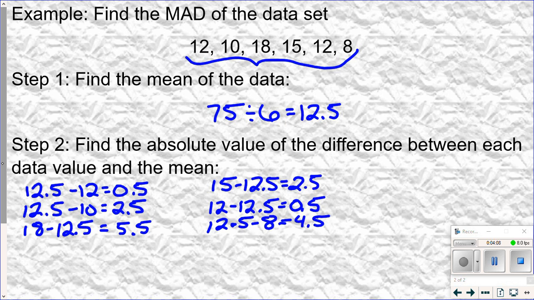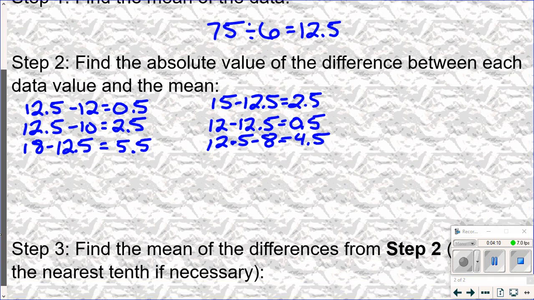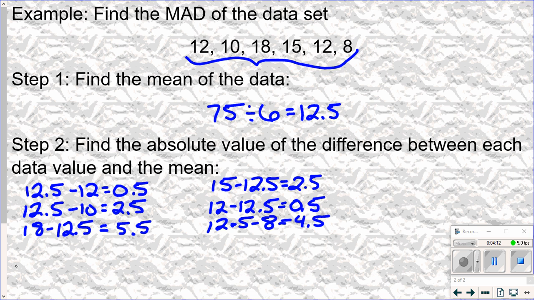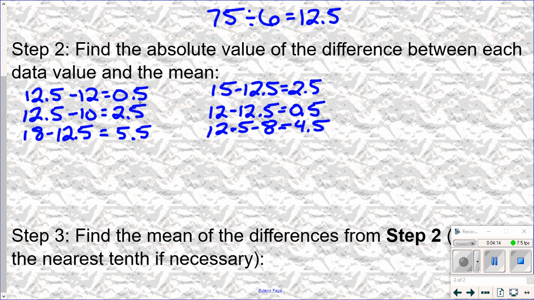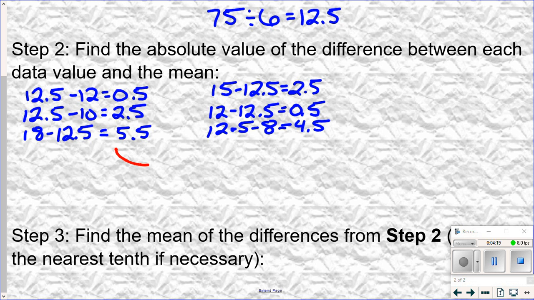So now I'm going to take those numbers and see on average how far away my values are from the mean. So I'm going to take the sum of these differences here, and that sum comes out to, let's see, I think it was 16.